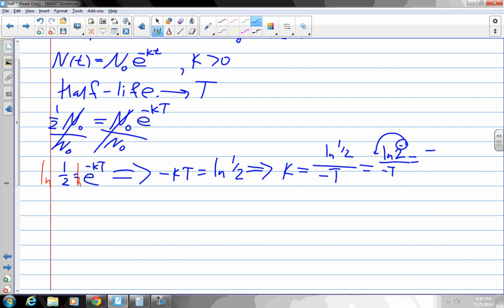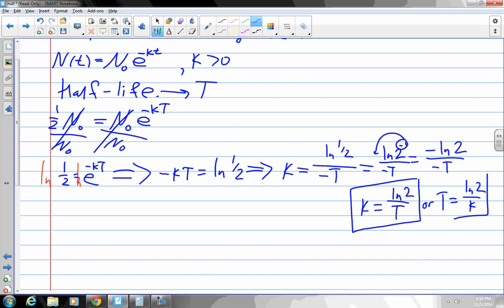So this is negative natural log of 2 over negative t. Negatives cancel. So we still have the same exact formula as we had for the doubling time. It's still ln of 2 over t, or t equals ln of 2 over k. So that's kind of nice.